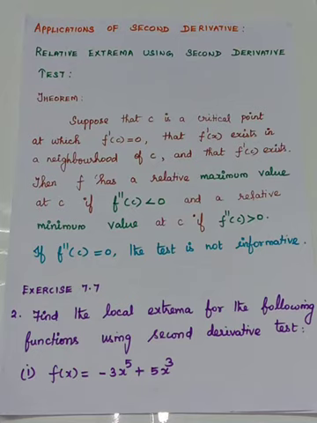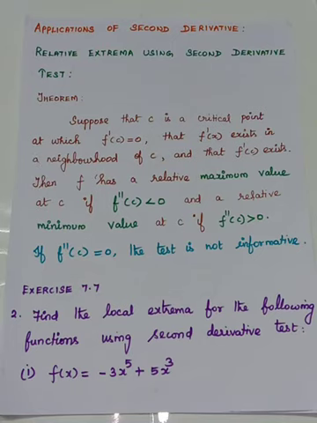See the procedure. You have to find the first derivative and equate it to 0, and you will get some points, that is, the critical numbers. So you have to take a critical number at which f dash of x is equal to 0.